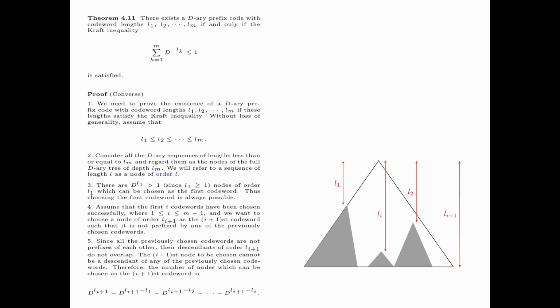Therefore, the number of nodes which can be chosen as the (i+1)th codeword is precisely equal to d to the power L_{i+1} minus d to the power L_{i+1} minus L1 minus d to the power L_{i+1} minus L2, minus all the way to d to the power L_{i+1} minus Li.